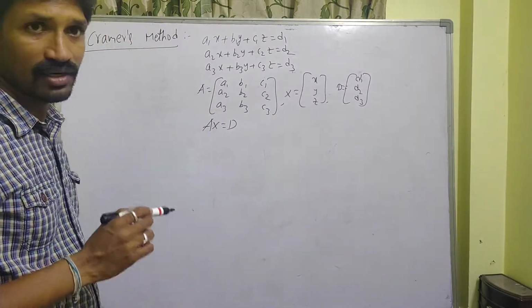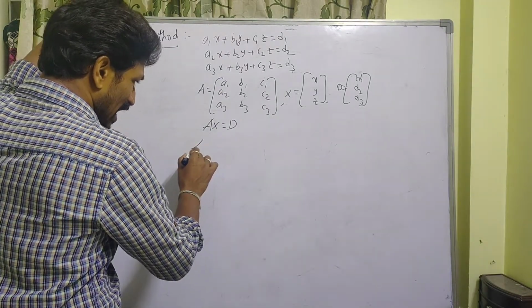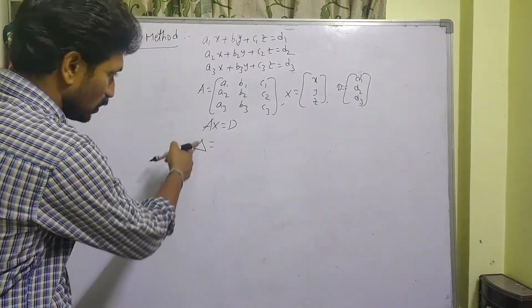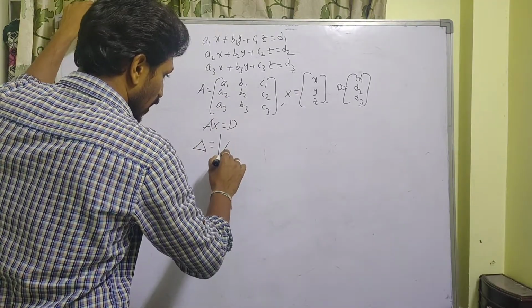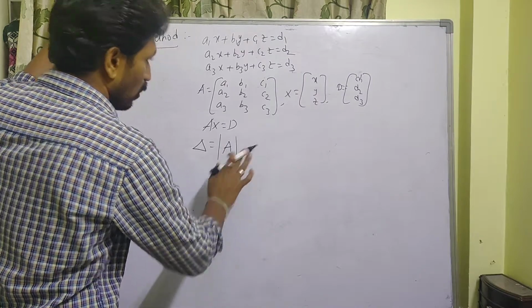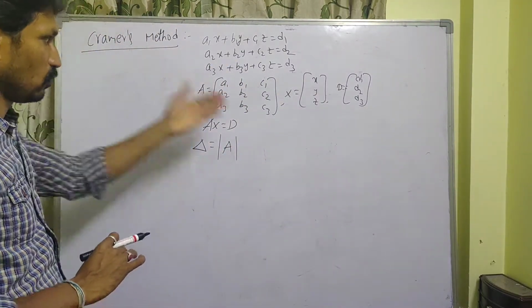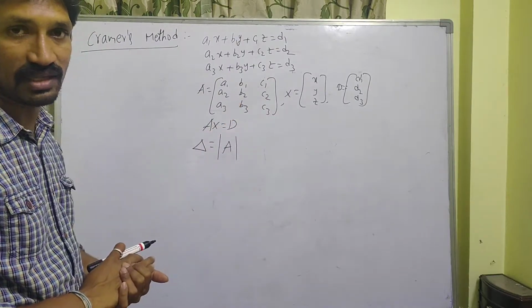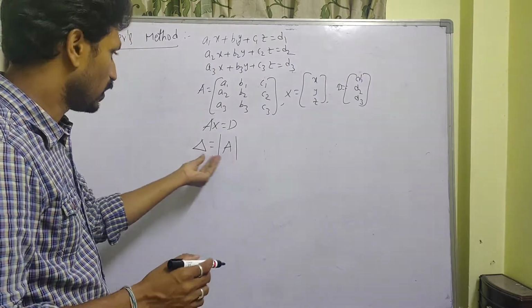So in Cramer's method, just remember delta. You call this delta. Delta is nothing but the determinant of A. A is nothing but the coefficient matrix. The determinant of the coefficient matrix is nothing but delta.